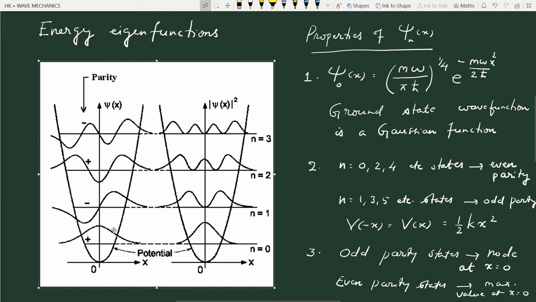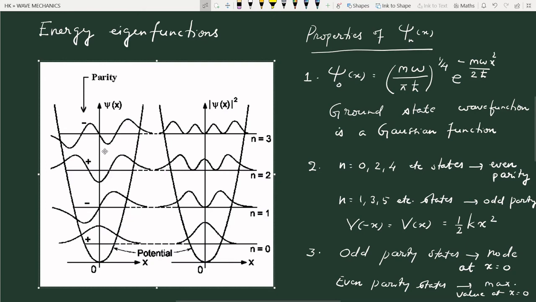And the next property we can say for the nth state: the number of nodes is n and the number of maxima or antinodes is n plus 1. Number of nodes is n. For the 0th state, no node. For the first state, 1 node. Second state, 2 nodes. Third state, 3 nodes.